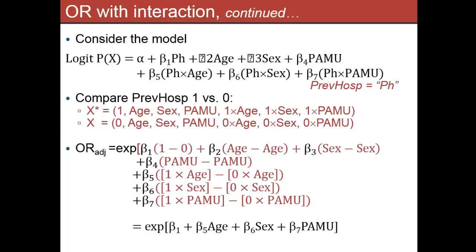But in this model we're assuming there's interaction with the exposure, that its effect is changing. And if we think that its effect is changing, in order to get an answer, we're going to have to specify values for age, sex, and PAMU. So it gets more complicated when there's interaction. The story is not so simple.